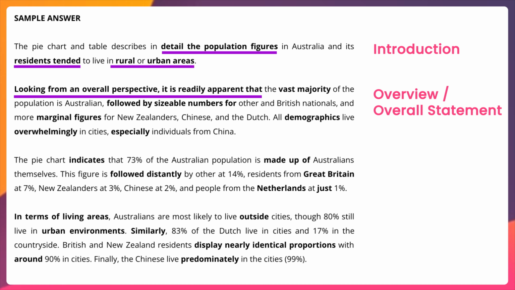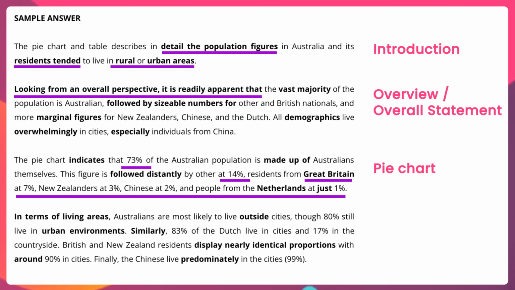You can see the third paragraph clearly describes the pie chart. This is actually explained with a decreasing trend. That means it starts with the highest, that is 73% of the Australian population, goes with the second, that is the other nationalities, which is 14%, then Great Britain, that is British people at 7%, New Zealanders at 3%, Chinese at 2%, and people from Dutch, that is from Netherlands, at just 1%.